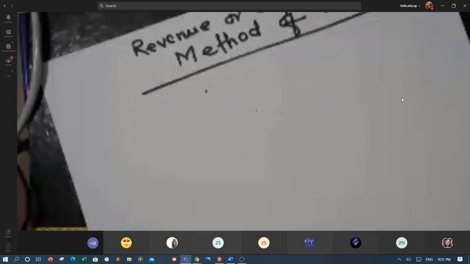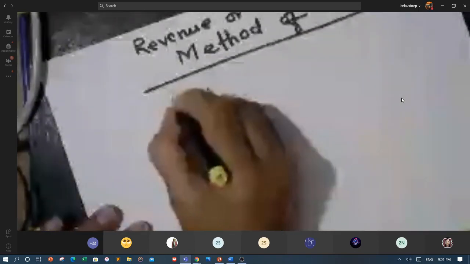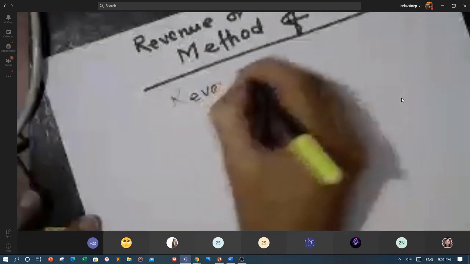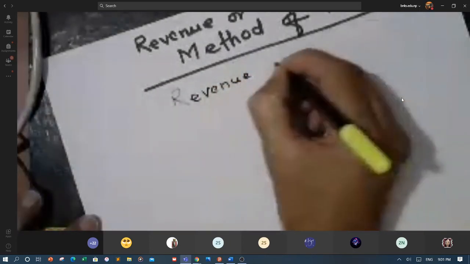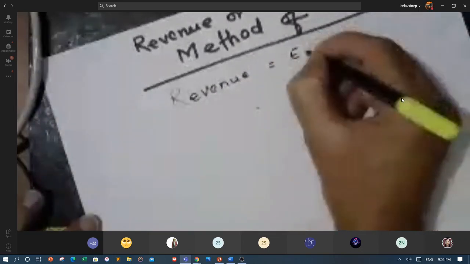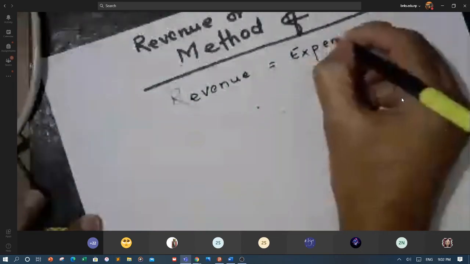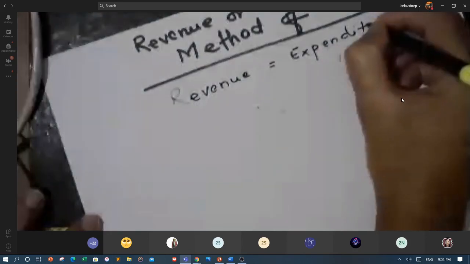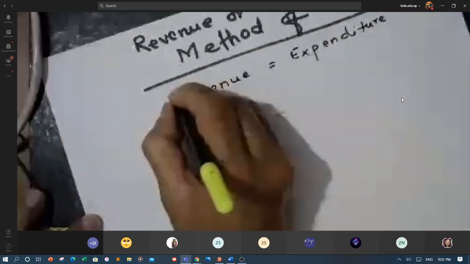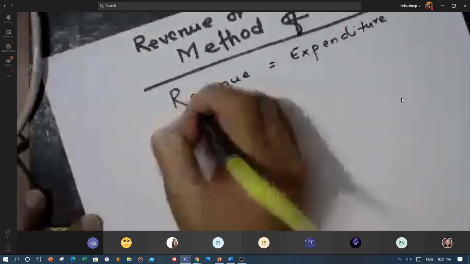In order to tell you, there is a good link between revenue and expenditure. Revenue is equal to expenditure. Suppose you visited Kamana Books and you purchase something.